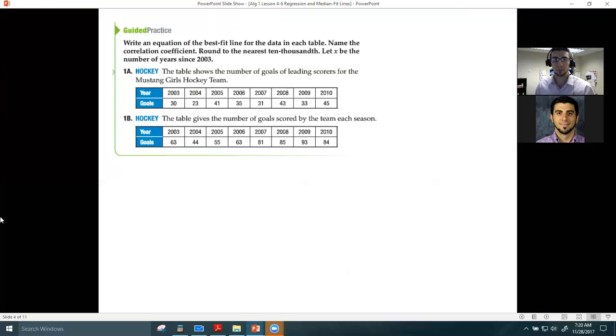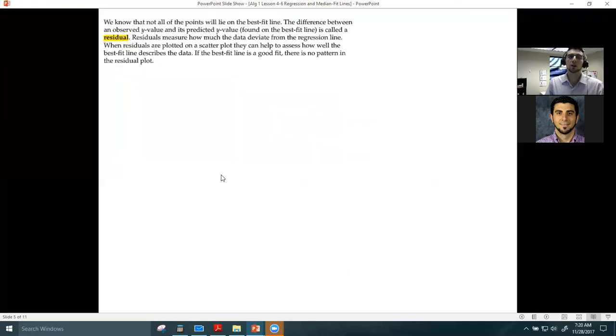All right, so we know that not all the points will lie on the best fit line. The difference between an observed value of y and its predicted value of y found on the best fit line: the observed value is the actual value on the scatter plot, and the predicted value is the value of y that's on the line. The difference between those is called the residual.